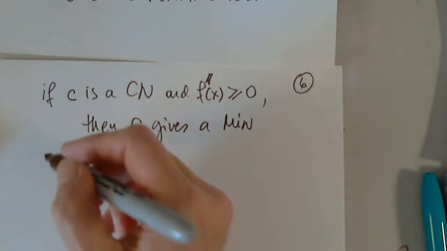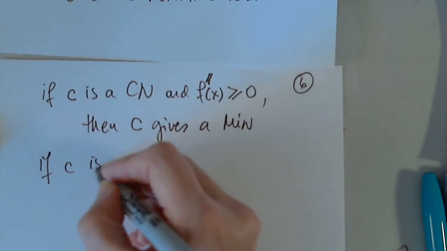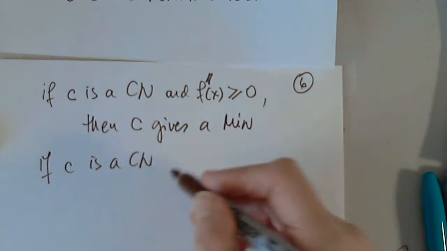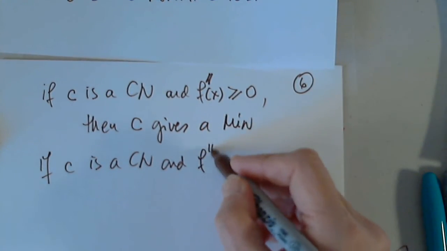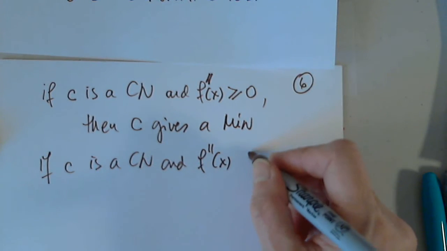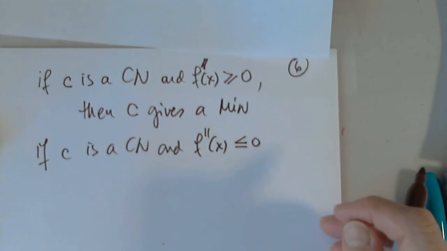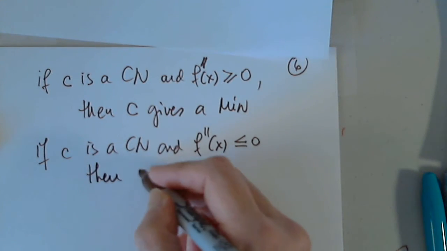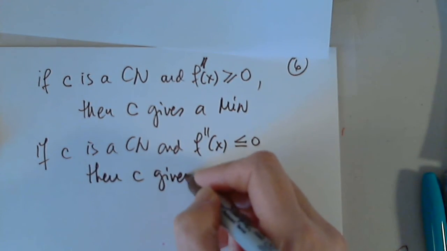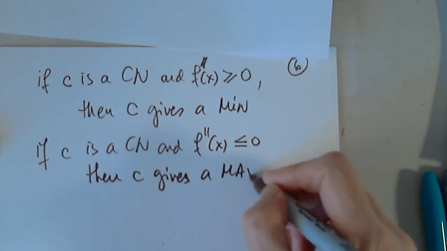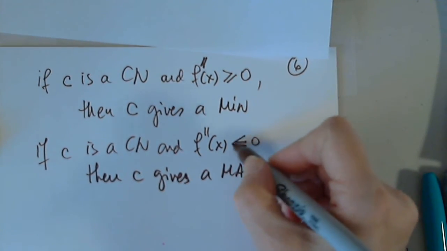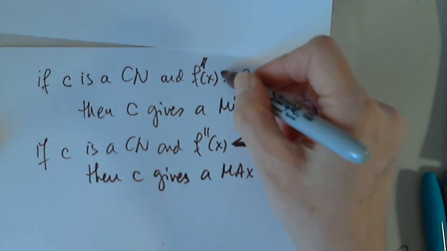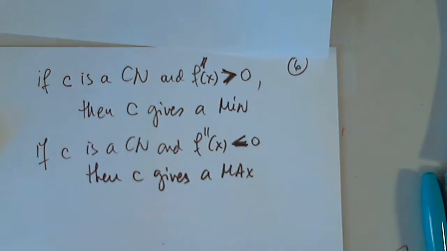Again, if c is a critical number and the second derivative is negative, then c gives a max. I'm just going to change this into greater than, just greater or less than.